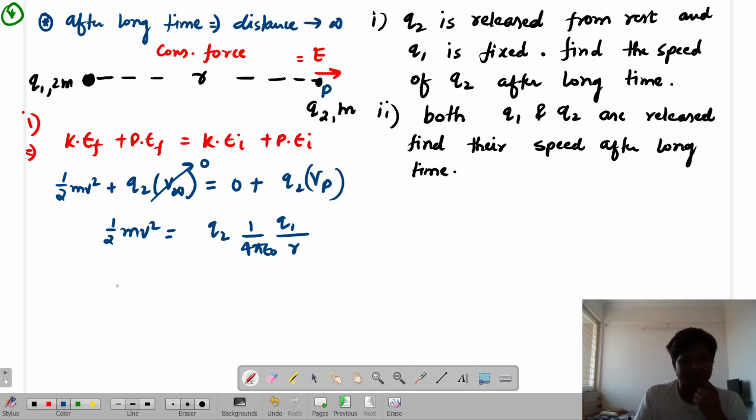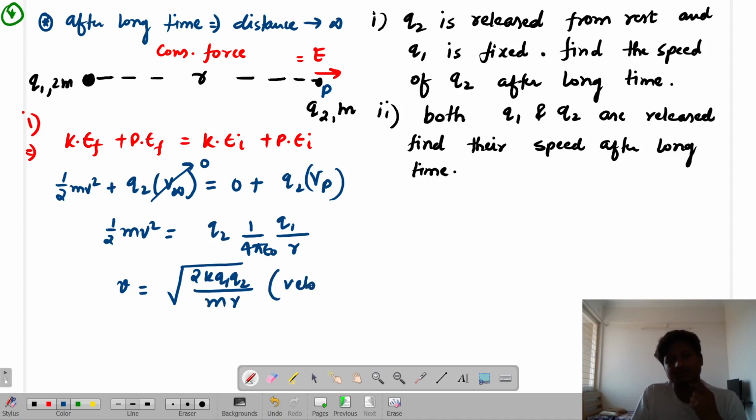So that implies V is equal to root over twice K Q1 Q2 by m. That's my velocity after long time.